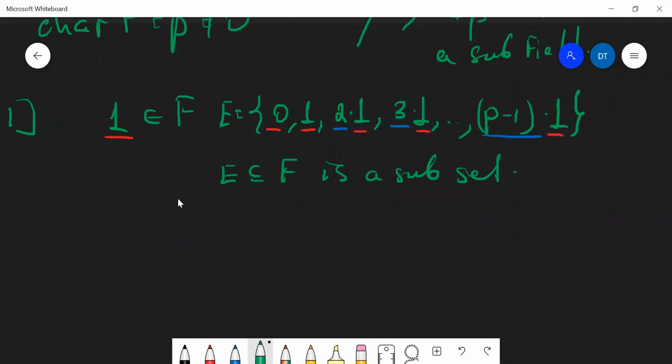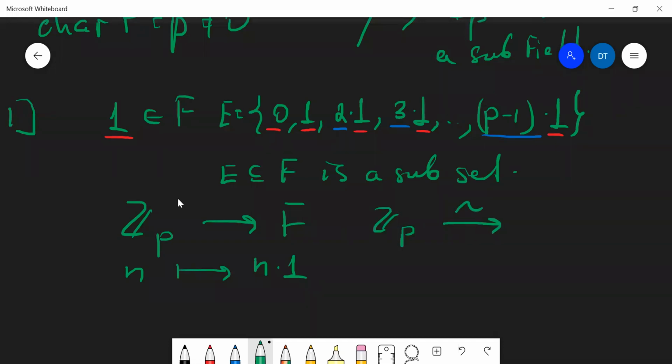So what I'm going to show is that if you take a map from Z_p to F, taking each remainder n to the element n times 1, you will get a bijection, obviously, from Z_p to E. And I would like to show that this bijection is actually a ring homomorphism, which means that it will be a ring isomorphism. So this is what I want to show.